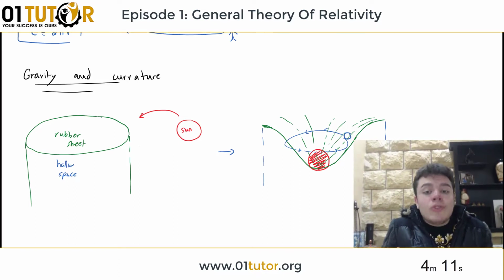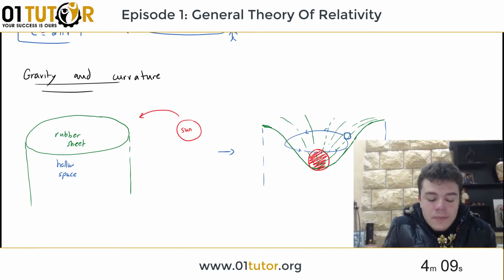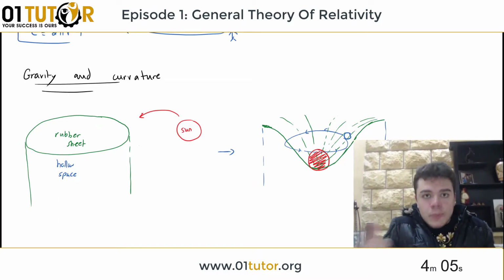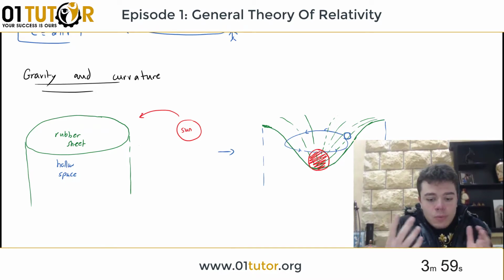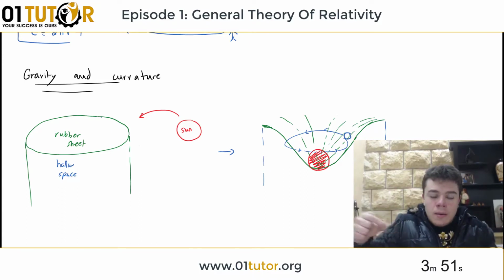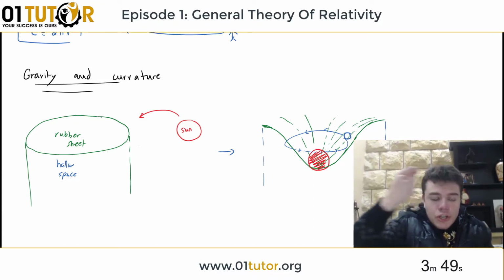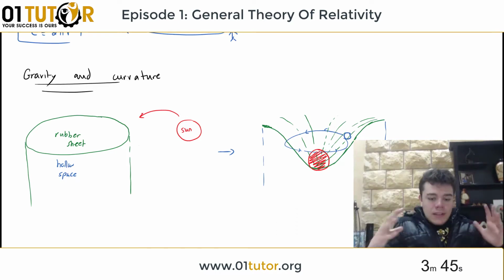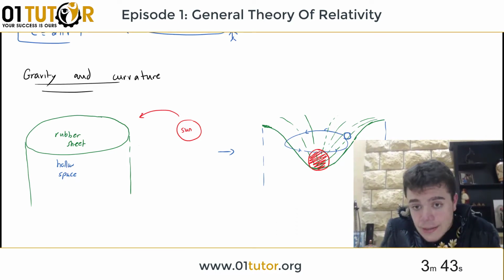And from here, Albert Einstein concluded that objects with very high masses create warps in space, and these warps modify the space around them, creating these shapes that you can see in front of you, which, upon placement of objects, allow them to rotate about these very high masses, such as the sun.